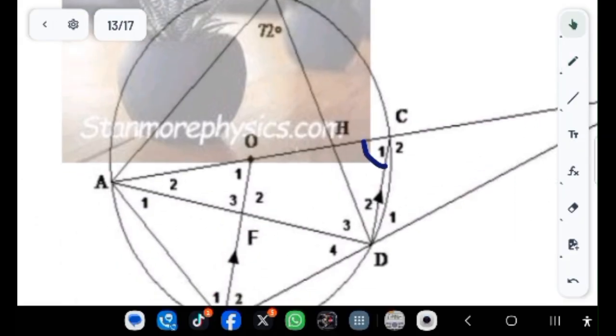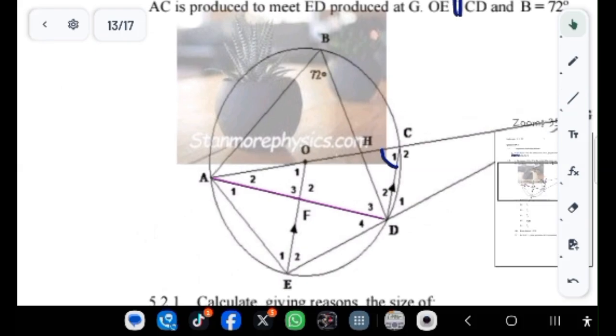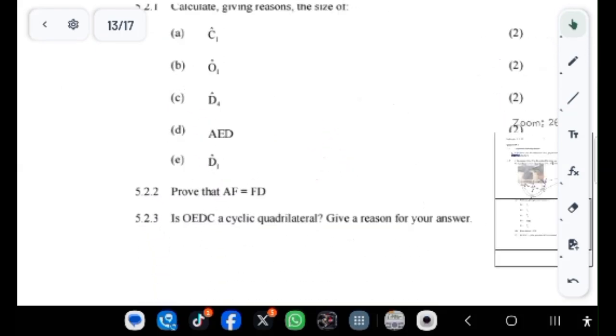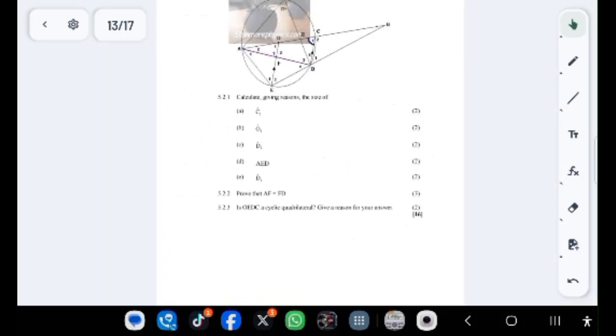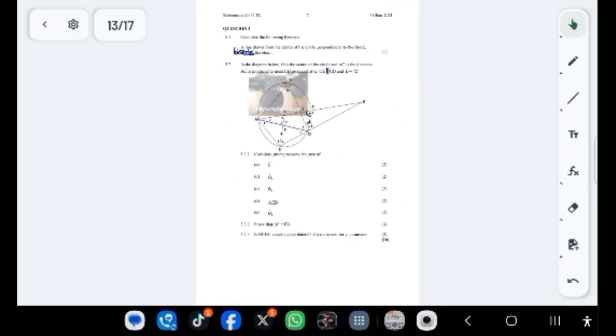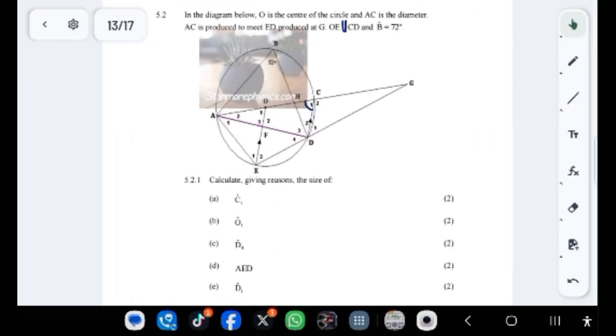Notice that angle C1 is subtended by the same chord AD that subtends the 72 degrees angle D. Therefore, C1 equals 72 degrees.